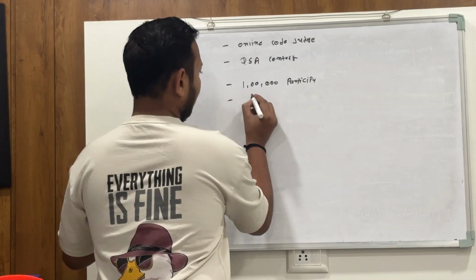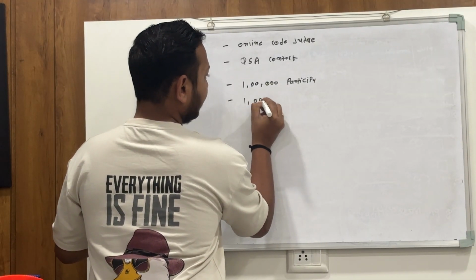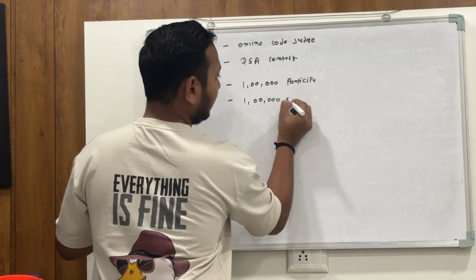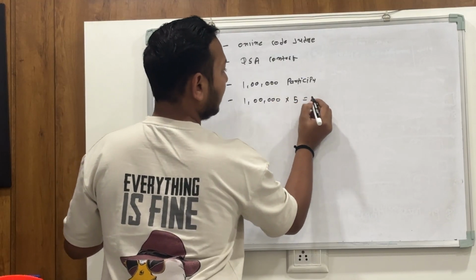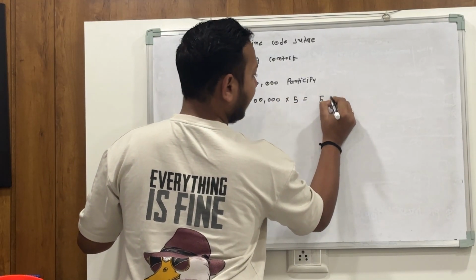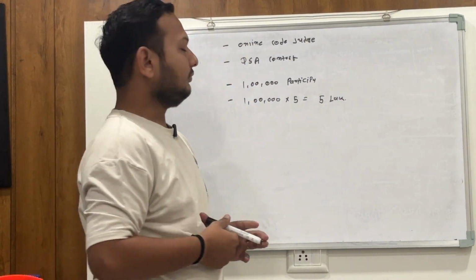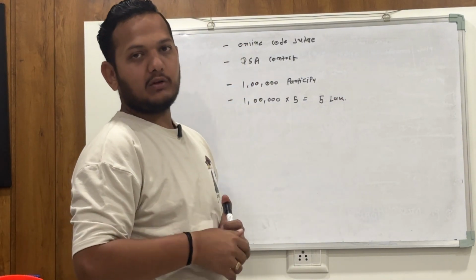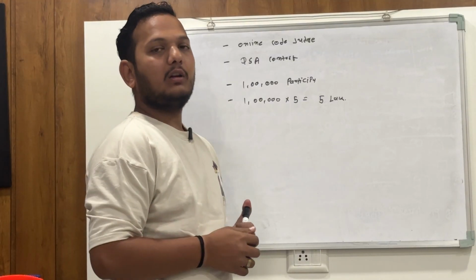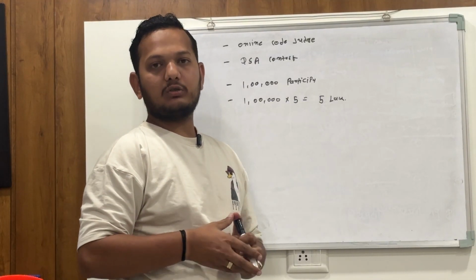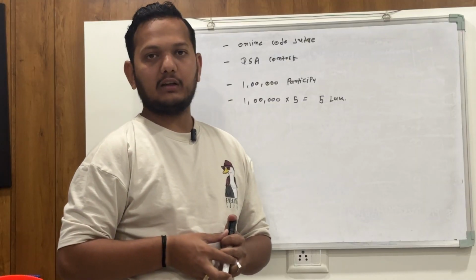So 1 lakh into 5. So the total submissions over the contest is 5 lakh. Now I have to calculate, every second, how many submissions the online code judge software has to take.